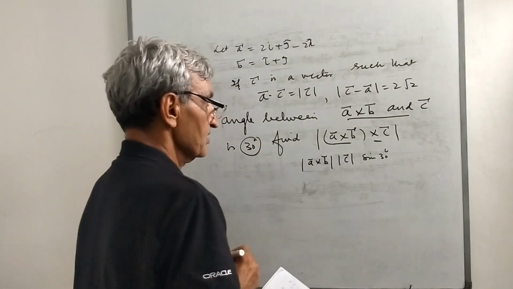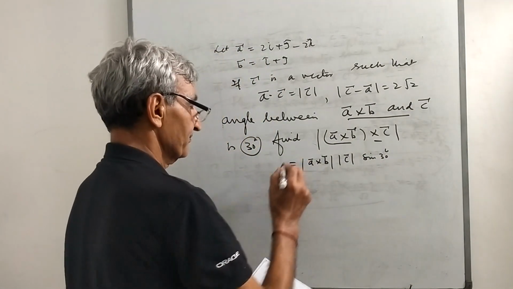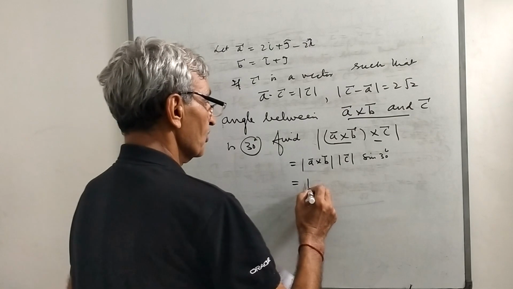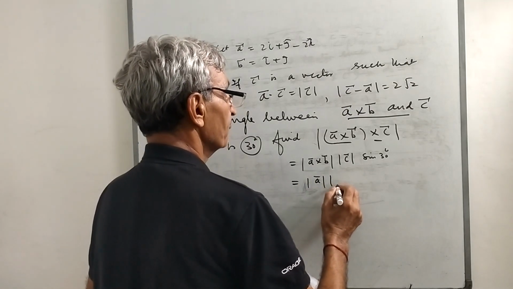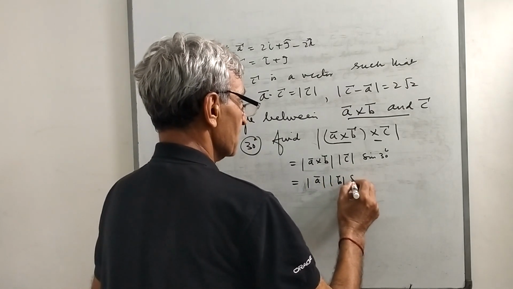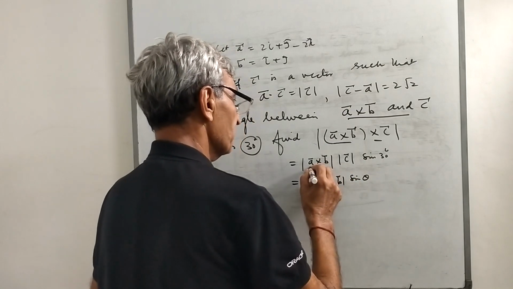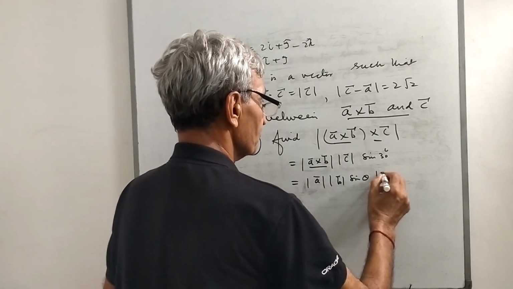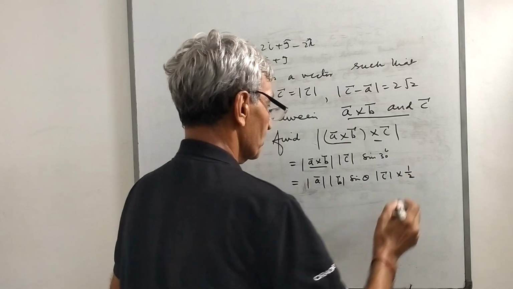So the magnitude of A cross B is magnitude of A, magnitude of B, and sine theta, where theta is the angle between A and B, and magnitude of C into sine 30, which is equal to 1 over 2.